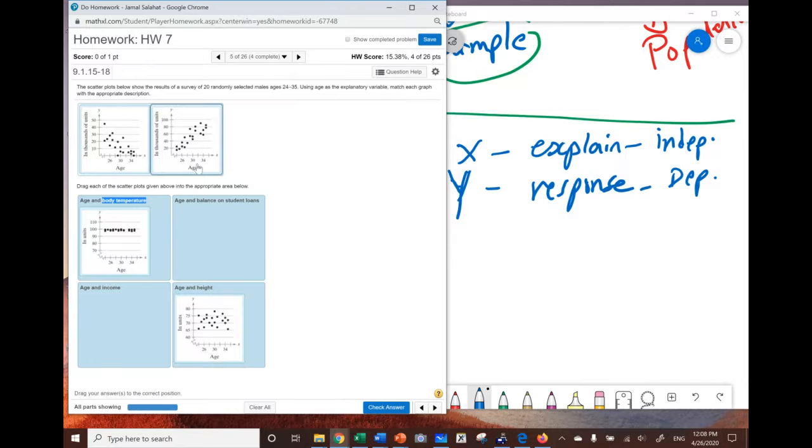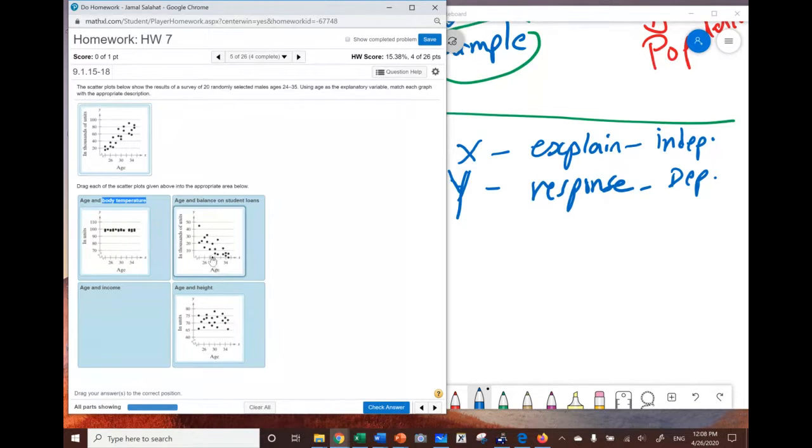Notice that any of those two would work because they are in thousands of dollars. But let's look at the one that makes more sense. I would predict that student loans can be zero. I'm going to put this in here because some people have no student loan and some people have around 45,000 and somewhere in between.